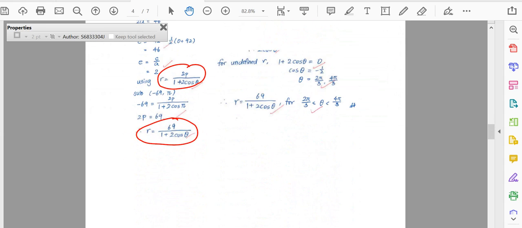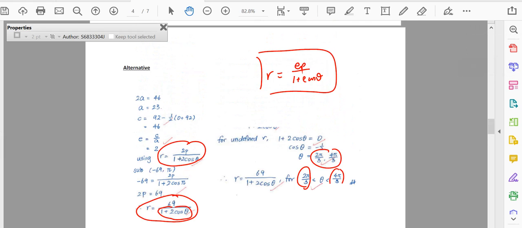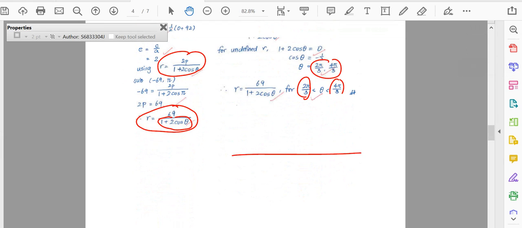But in this case, your domain, which will come from 1 plus 2 cos theta equals 0, will be in the second and the third quadrant, which means 2 pi over 3 and 4 pi over 3. So how is that so? Because if you have something that looks like that, then your graph has theta equals 2 pi over 3 and theta equals 4 pi over 3.